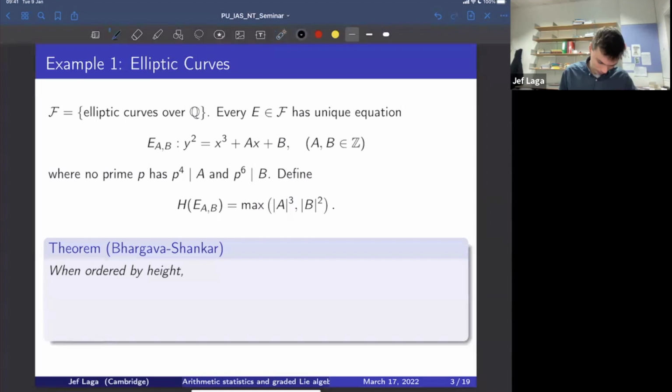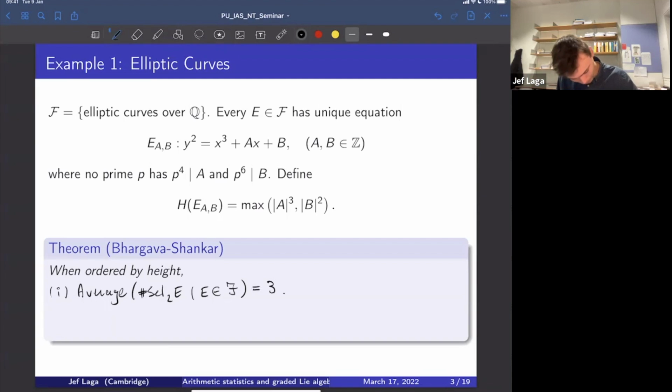And using this notation, when you order elliptic curves by this naive height, Bhargava and Shankar proved in this paper, published in 2013, that the average size of the 2-Selmer group, where E varies over all elliptic curves, and this should be interpreted as a limit of the average size of the 2-Selmer group of elliptic curves of height at most x, and you take the limit as x goes to infinity, this is 3.